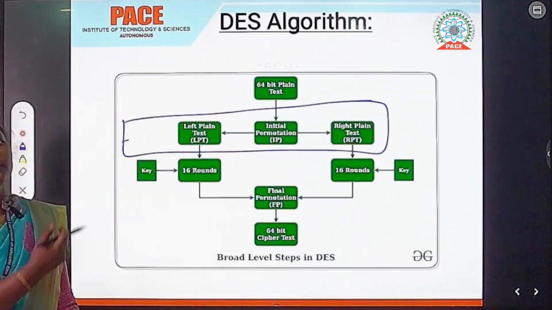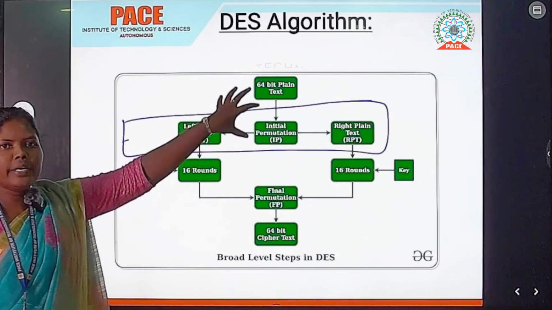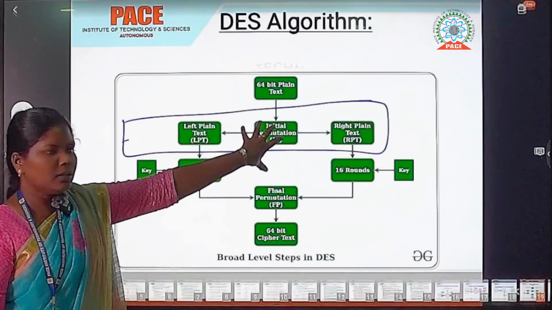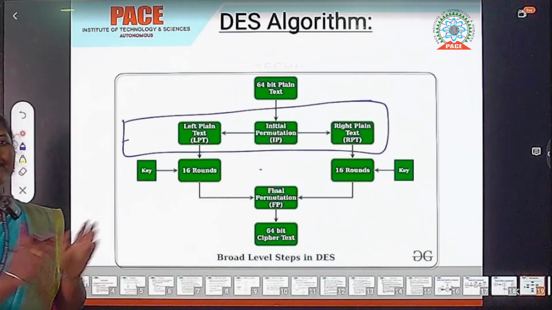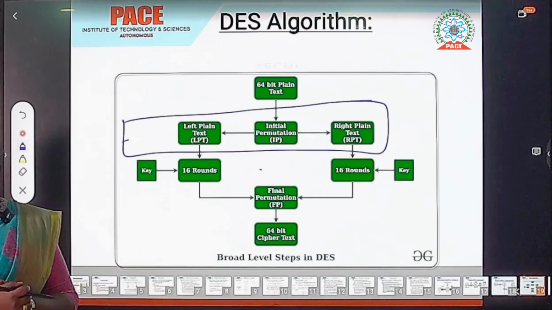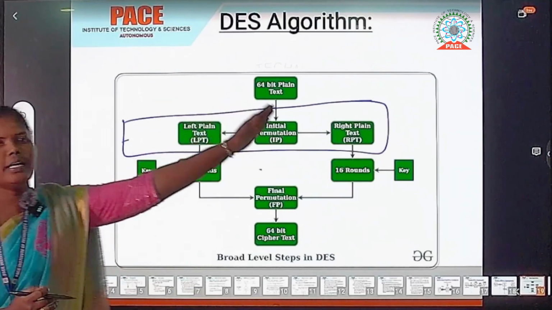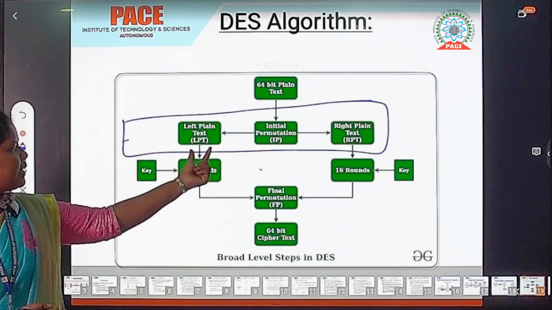Plain text is going to the initial permutation. And again, after initial permutation, it will be divided into left plain text and right plain text. On that left plain text and right plain text, we will perform the 16 rounds with key.